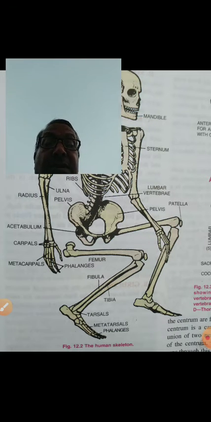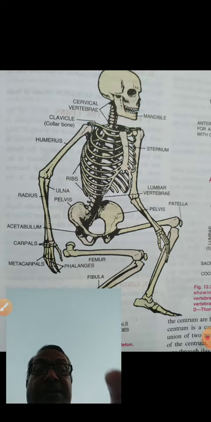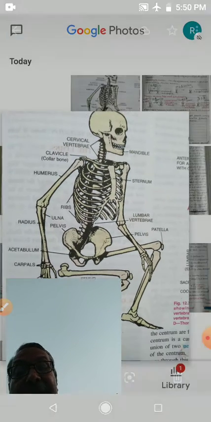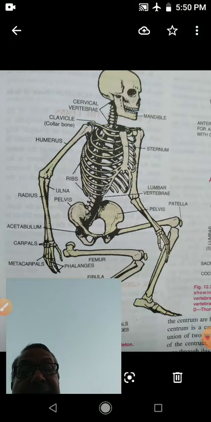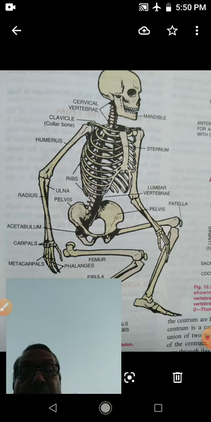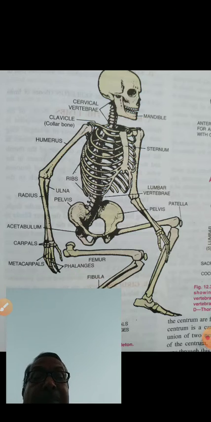So once more you see the names of the bones: skull, that has 2 parts, one is cranium, other is face. Cranium is made up of 8 bones, face 14 bones. Other is vertebrae, there are 33 vertebrae that are divided into 5 parts: cervical vertebrae of the neck, thoracic vertebrae, lumbar vertebrae, sacral vertebrae and coccygeal vertebrae.